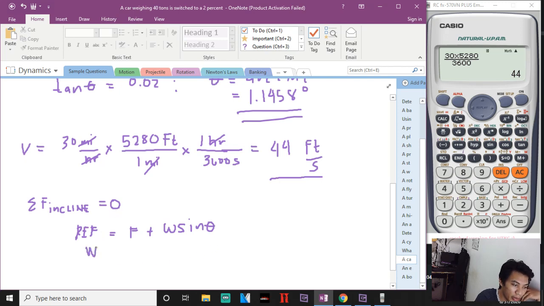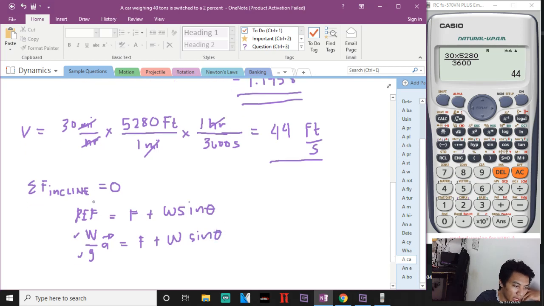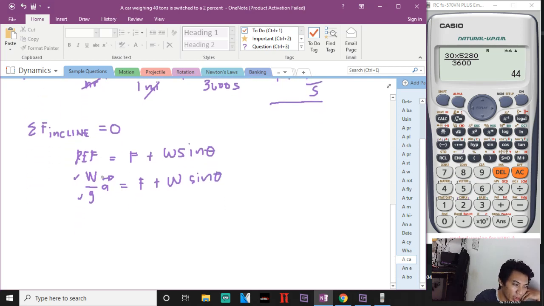Now, the sum of forces is always the weight over g times a. You have g, you have the given W, but you don't have the acceleration, which is what we are looking for. So you have F plus W sine theta. Let us rearrange. We are looking for the acceleration.